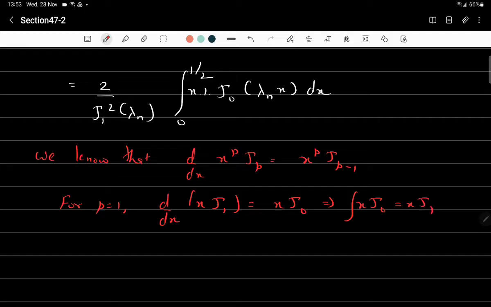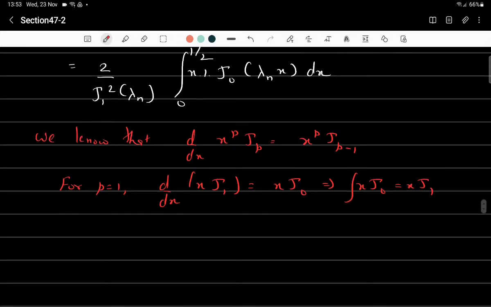Now I have the integration of x J0 lambda n x, so there is a constant multiplied by x. That's why when you take the integration of x J0 lambda n x dx, it would give you x J1 from 0 to half, divided by lambda n, because lambda n x was there.